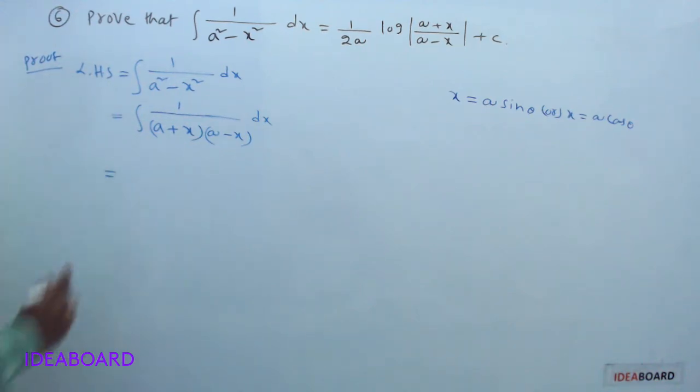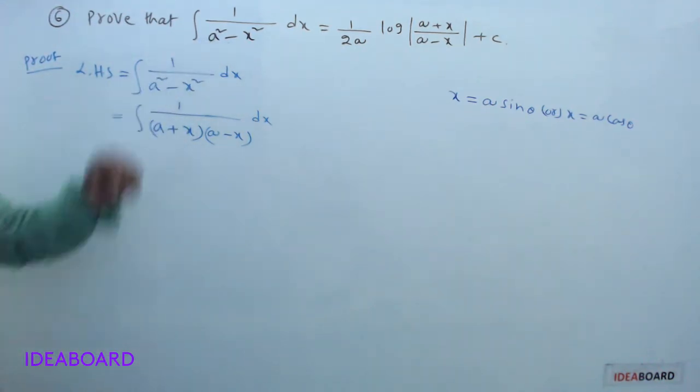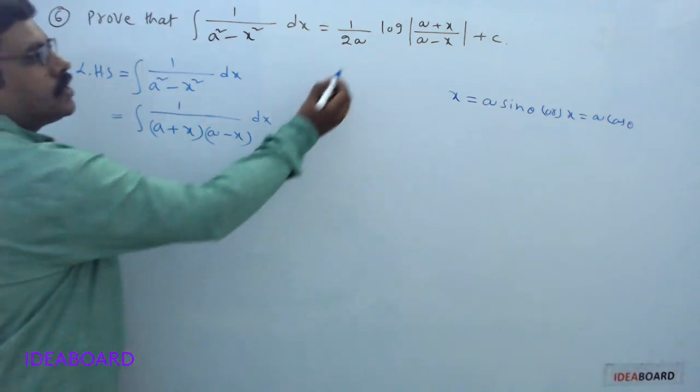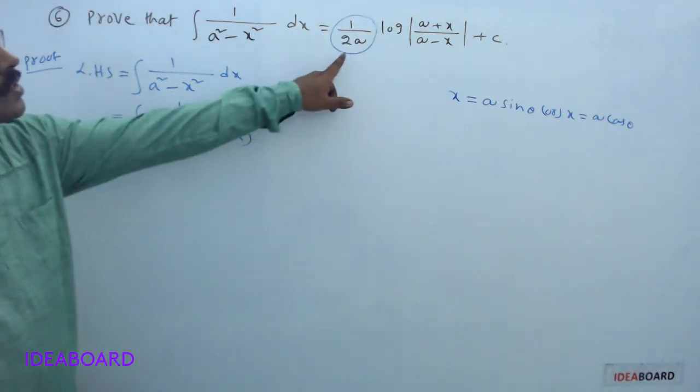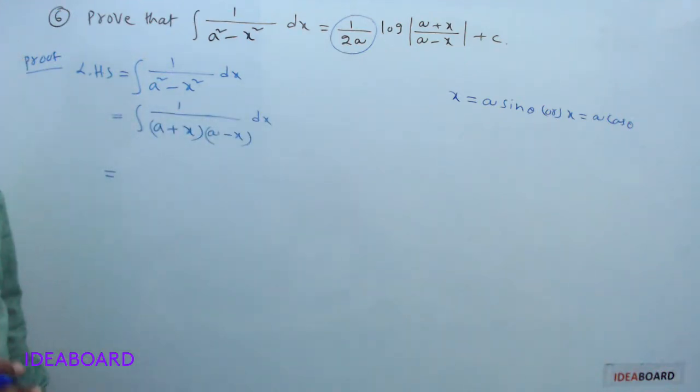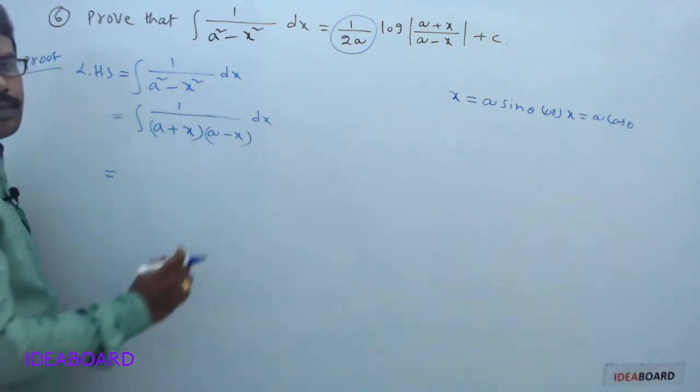Now if you look at the answer, there is a constant term 1 by 2a. Based on this constant term, I am going to make a small adjustment, that is dividing and multiplying by 2a to this entire expression.